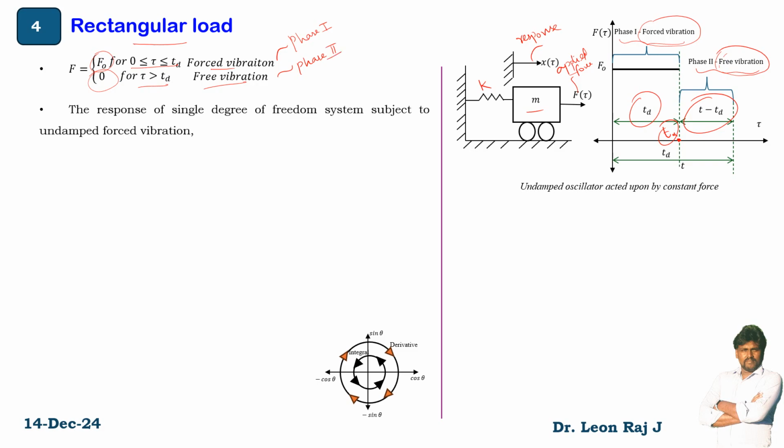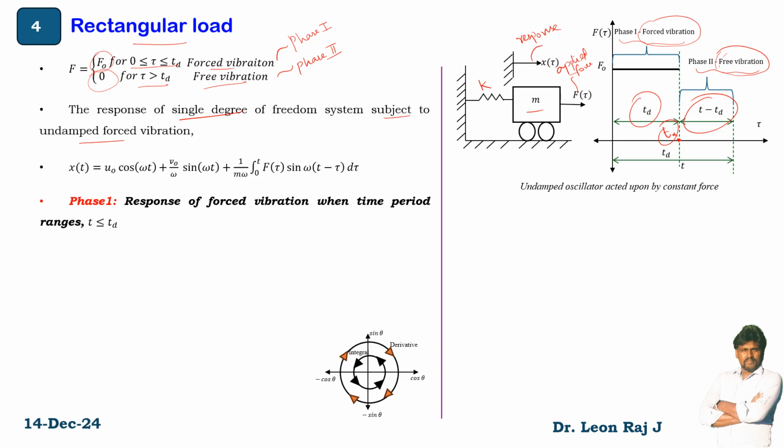So response of a single degree of freedom system subject to undamped forced vibration. The response is x of t equal to u0 cos omega t plus v0 by omega sin omega t plus 1 by m omega integral 0 to t f of tau sin omega (t minus tau) d tau. This is nothing but Duhamel's integral. So for phase 1, when t is less than td, the initial velocity and the initial displacement equal 0.